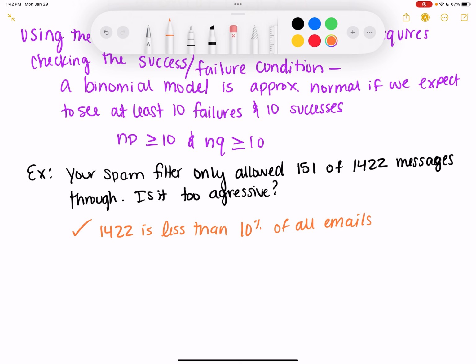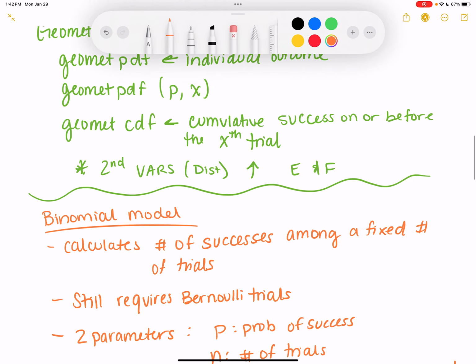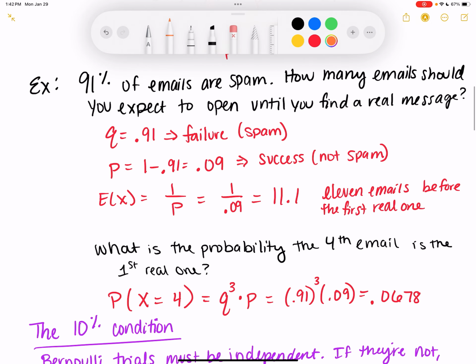Is the probability of success constant? We might have to go back. Probability of success was 9%. Is that constant?